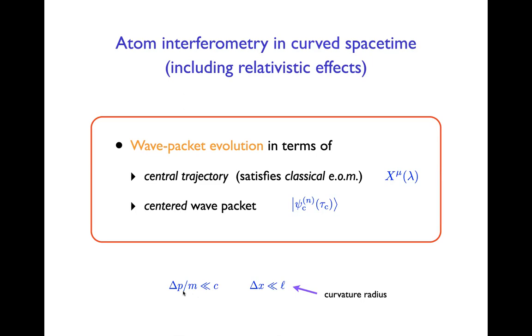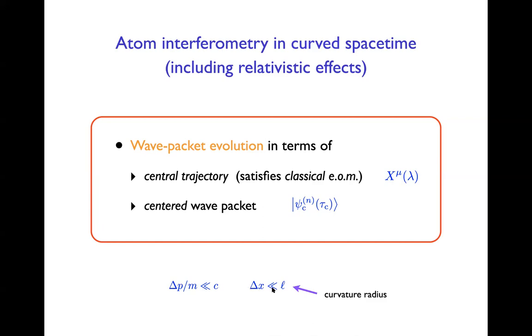And just for comparison, in the typical experiments with atom interferometry, these velocity spreads are typically smaller than 1 millimeter per second, fractions of a millimeter per second, compared to the speed of light. And so the corrections, the terms that will be truncated in a moment, will be suppressed by this ratio.